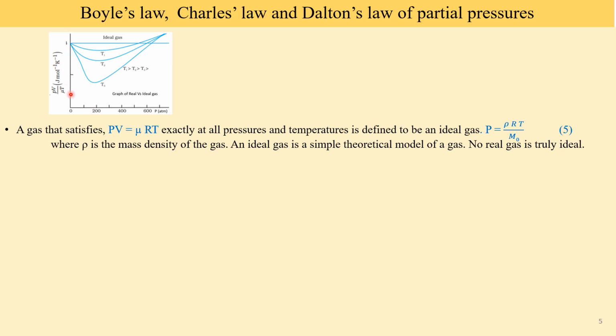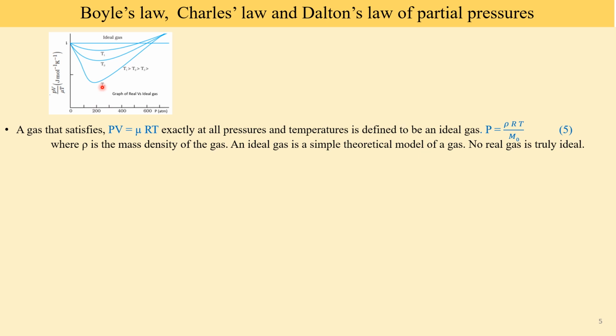The graphs are plotted for different temperatures. For curve 1, T1 is kept constant and the relationship in the gas equation is measured and plotted. So for T1 the curve is in this form, for T2 it is shown, and T3. Here T1 is greater than T2, which is greater than T3.